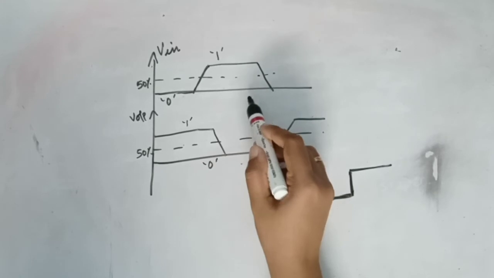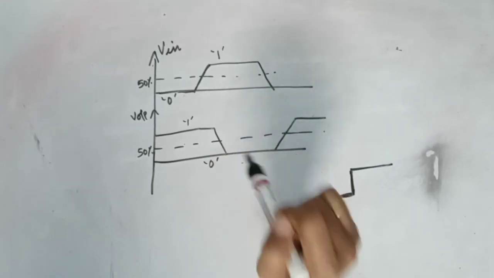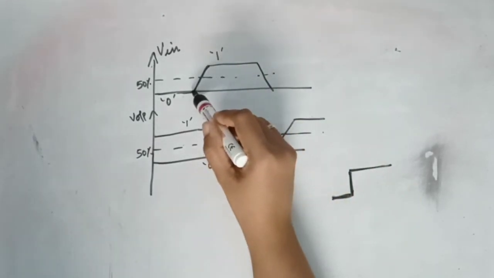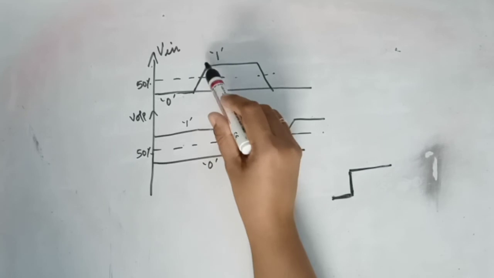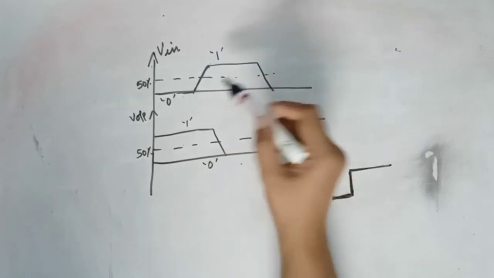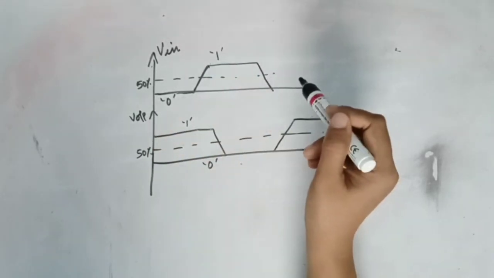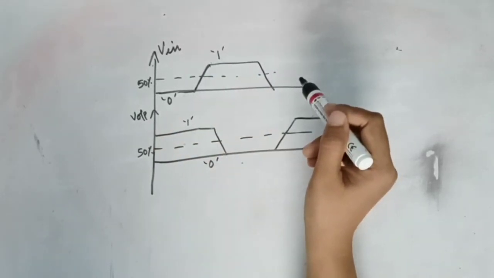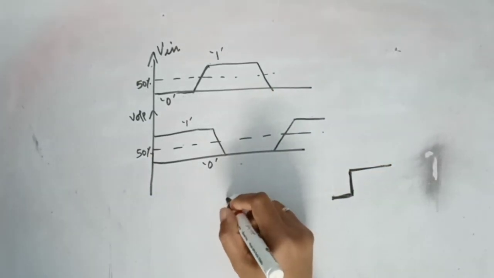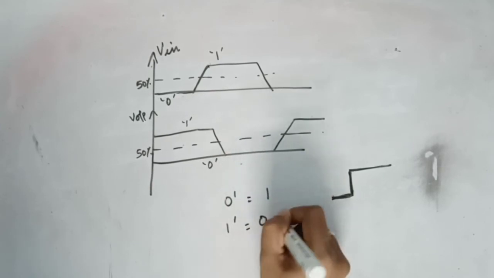So suppose this is my input and this is the complement of that, the output. So here you can see that it goes from 0 to 1, or low to high. It takes some time to rise to high. And ideally for an inverter or a NOT gate, 0 complement is equal to 1 and 1 complement is equal to 0.